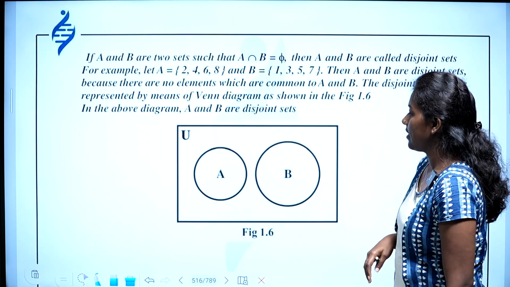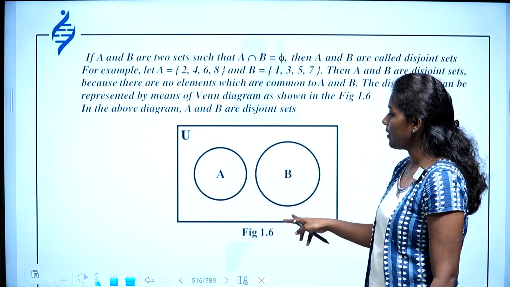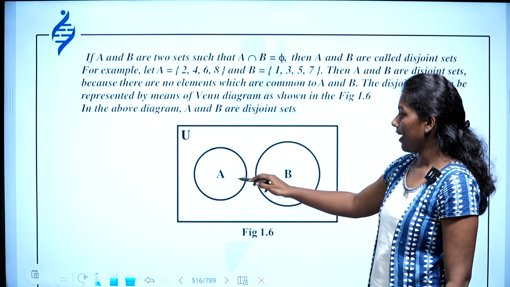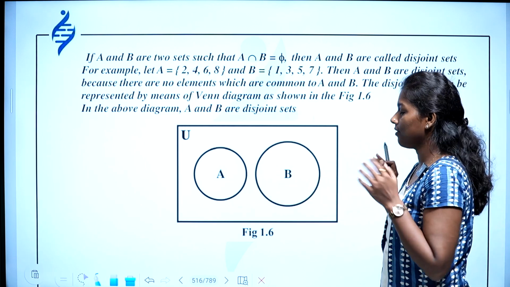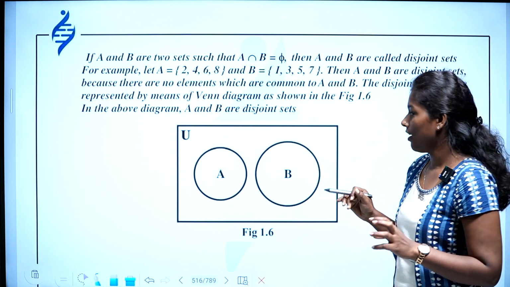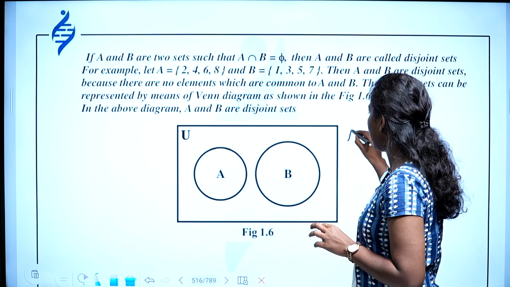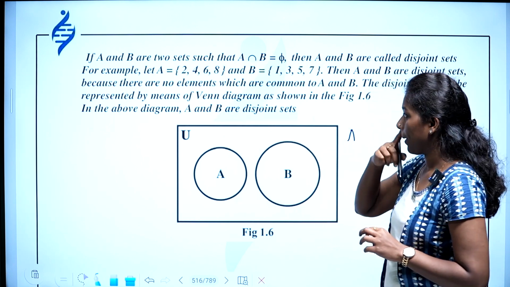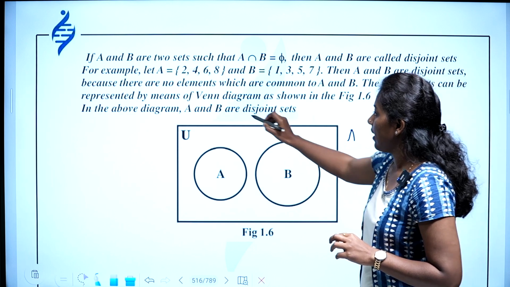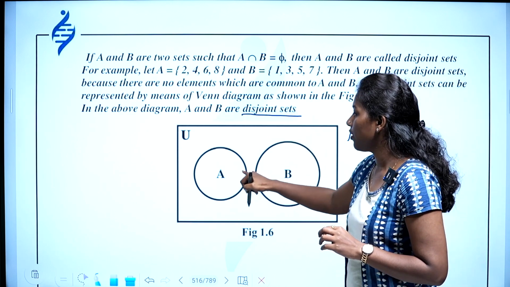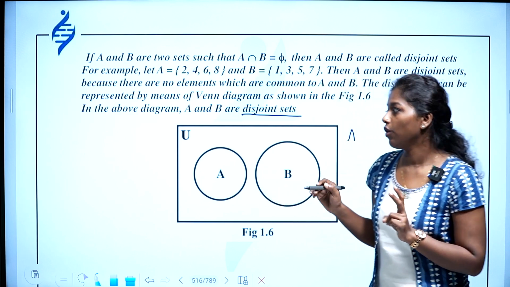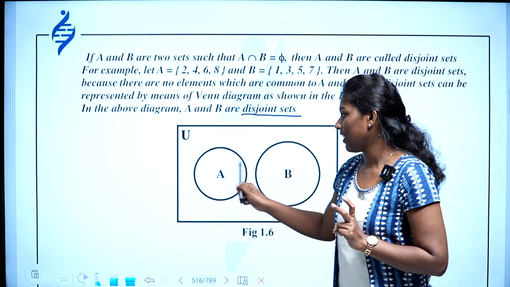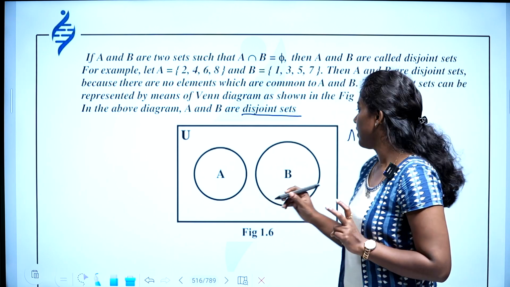Then, in this Venn diagram, you can see A and B are not having any common elements, or we can say they are disjoint. If two sets are given such that they have no common elements, then we can say they are disjoint sets.